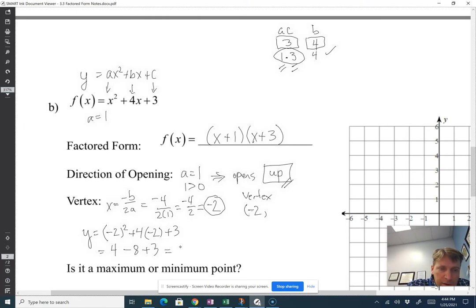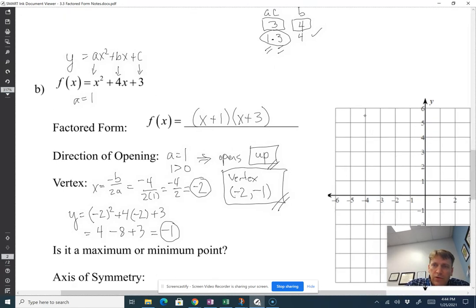And 4 minus 8 is negative 4. Negative 4 plus 3 would be negative 1. And so our y-coordinate then is negative 1. And we're going to put a box around this so we can see that's our vertex.